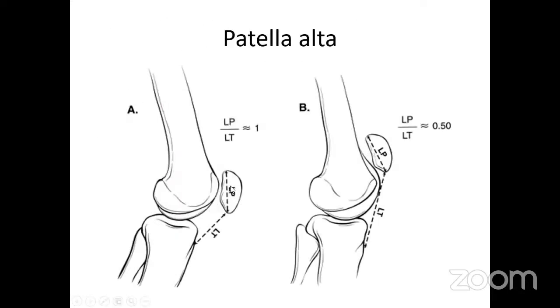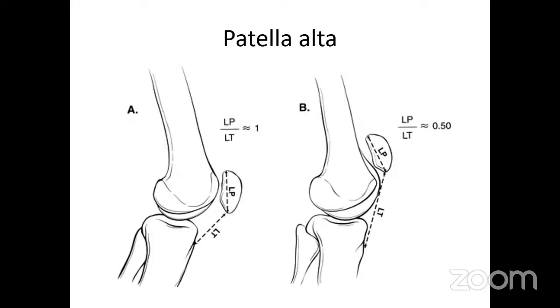The patella will be riding high, so if you take the ratio of the ligamentum patellae to the length of the patella, this part will be more. Normally the ratio is 1, but in patella alta, if you divide the length of the patella by the length of the patellar tendon, it will be less than 1. That is called patella alta.